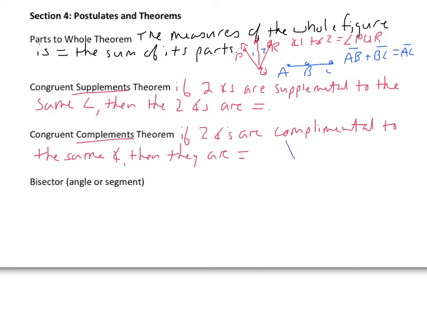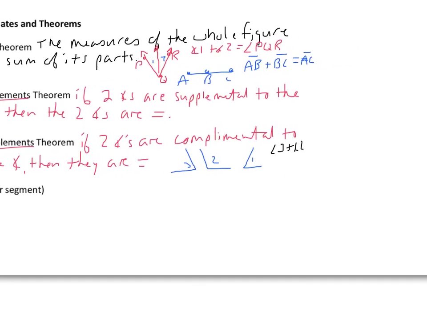Well, if I have angle 3 and angle 2 and another angle over here called angle 1, and I say that angle 3 plus angle 2 equals 180 degrees, they are supplemental.